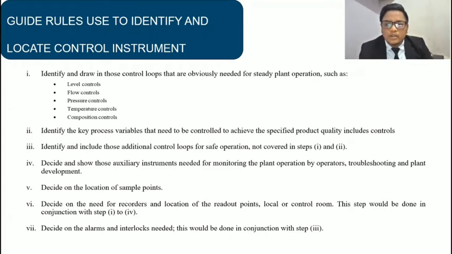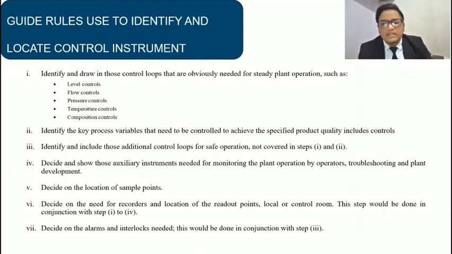These include pressure tapping, orifice, and extra sample points. The fifth is to decide on the location of sample points. The sixth is to decide on the need for recorders and the location of the readout points, local or control room. This step would be done in conjunction with steps 1 to 4.